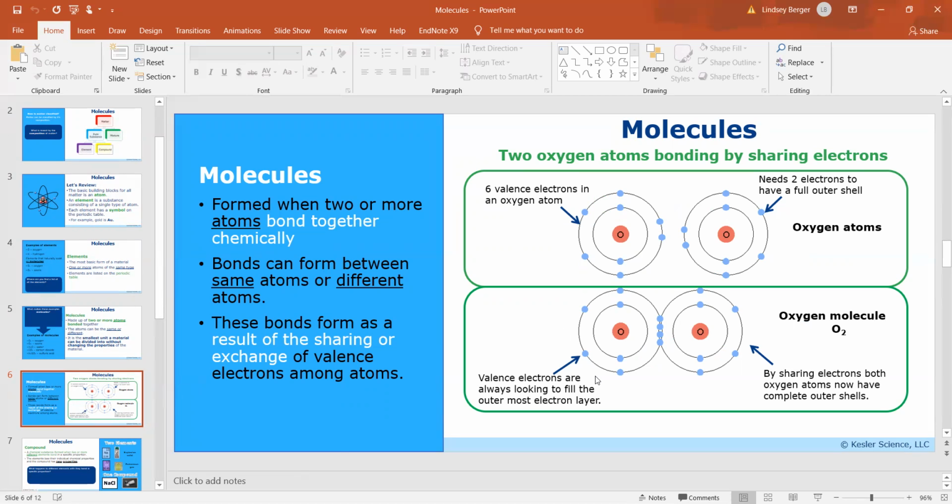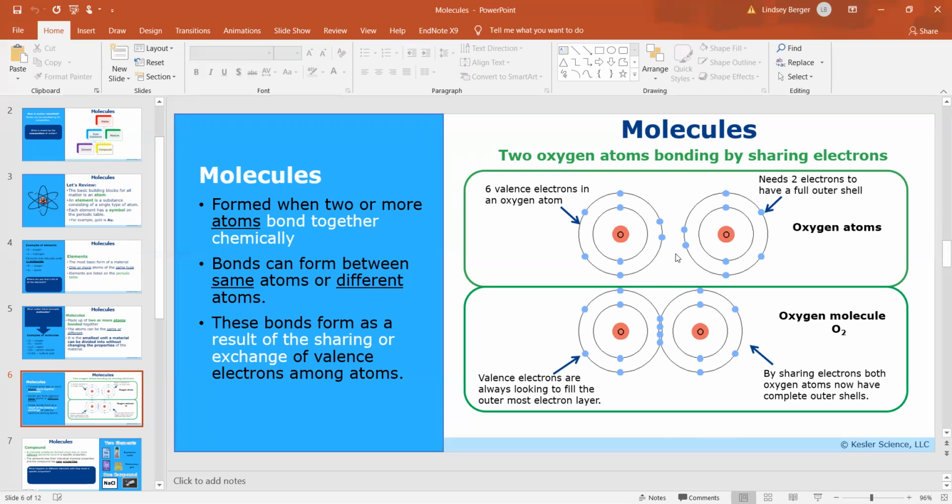And when you're bonding with another atom, in this example oxygen, they are using what's called valence electrons, and that is the outer ring or the outer orbital, the outer shell, whatever you want to call it. That is where those electrons are located.